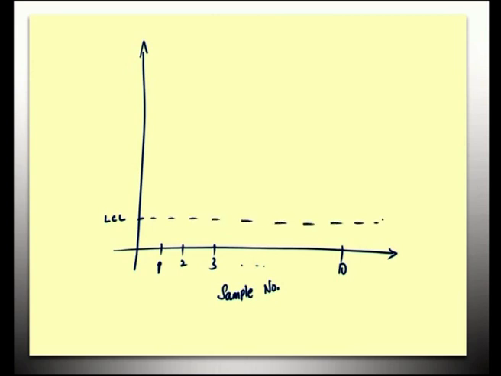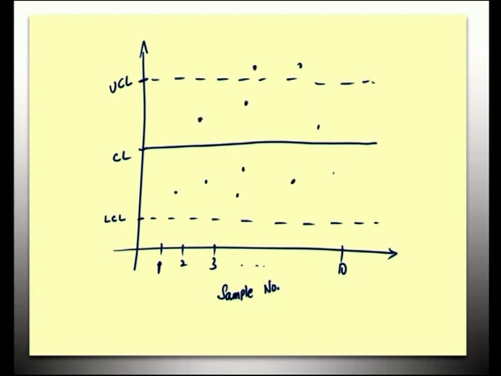It is drawn with dotted lines, and similarly UCL is plotted, with a horizontal line drawn at the UCL value. Then CL is drawn with a dark and bold line, and the sample points are plotted like this.